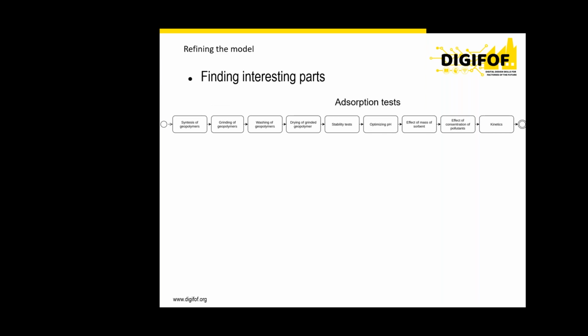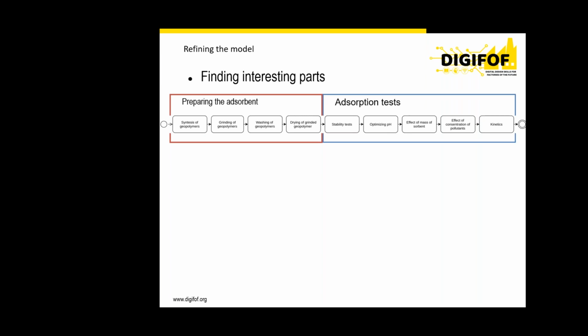So first, let's look at what the interesting parts are. First we have to find the parts and prepare the absorbent, so that we select which one we would like to take.